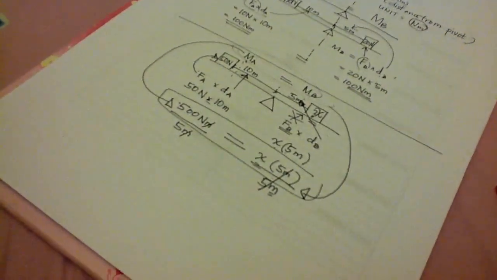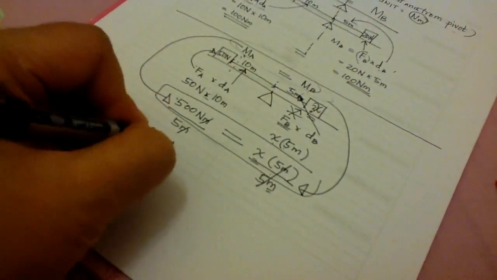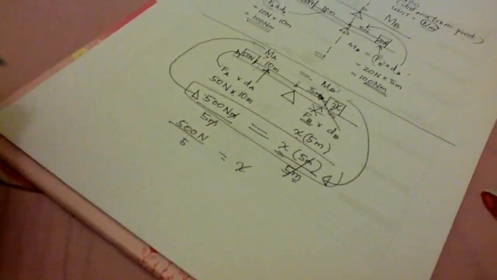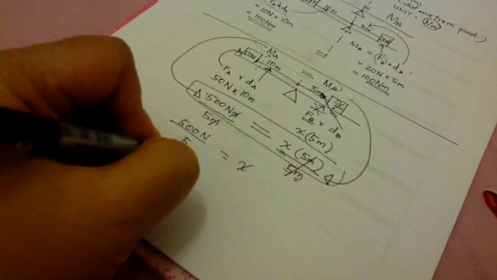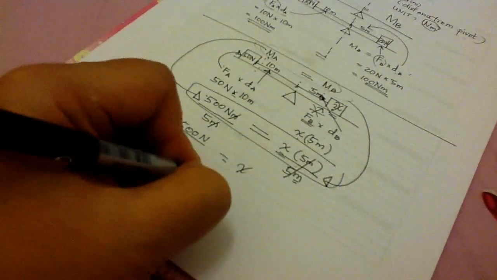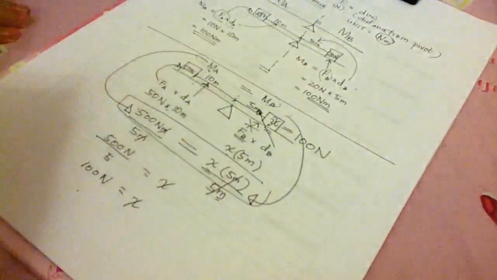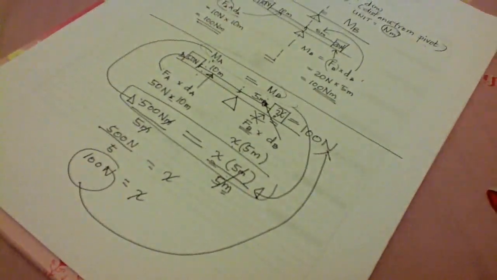So, what's left behind? 500 newtons divided by 5 is equal to x. And what is 500 divided by 5? It's 100 newtons, is equal to x. So that means that this x over here is equal to 100 newtons.